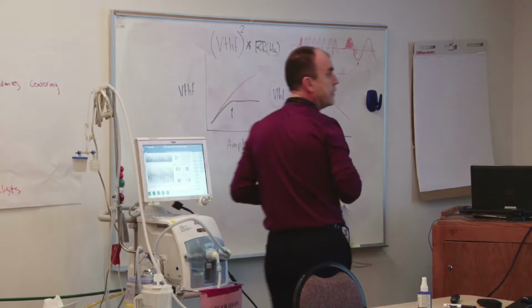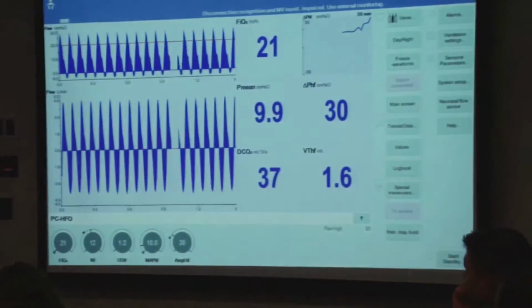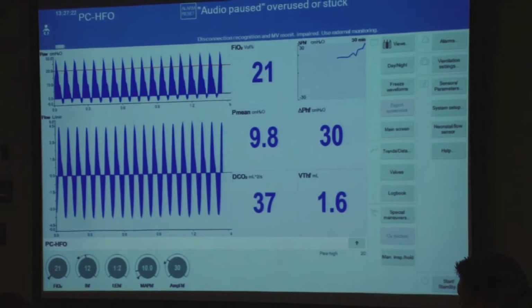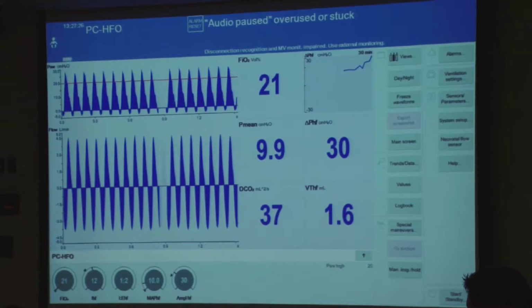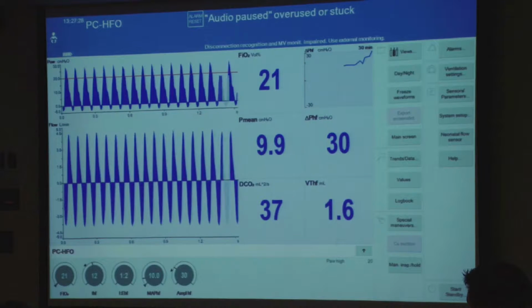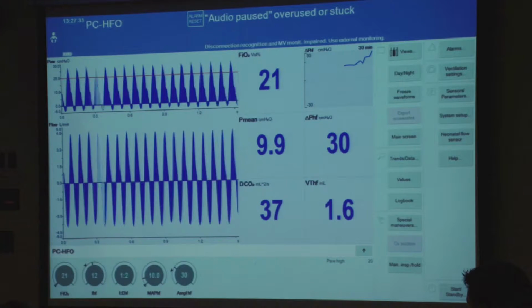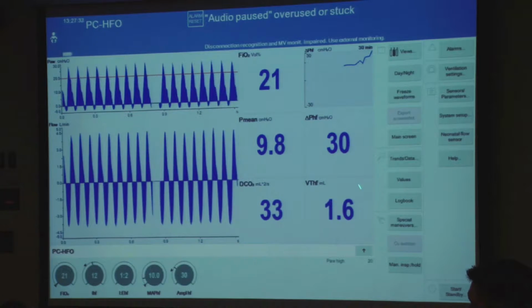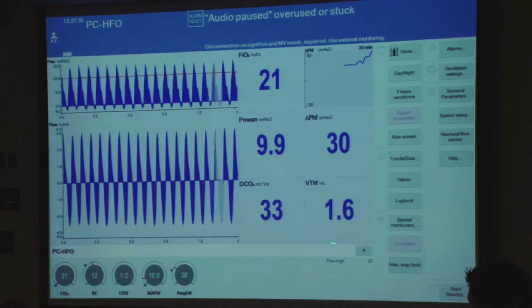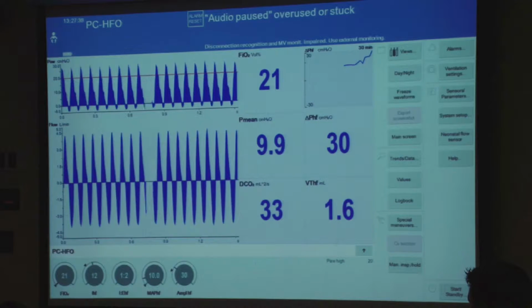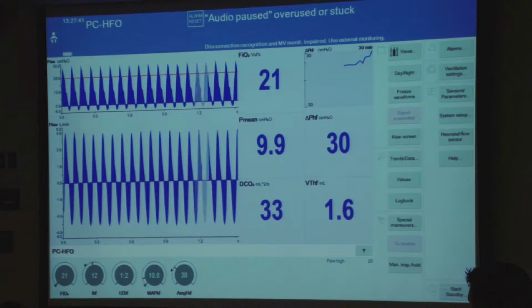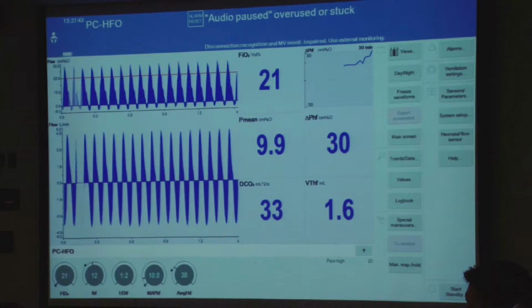So if I do that, we modify the compliance, and now we will probably start seeing some effect if we go a little bit down there. Probably at this frequency I won't see that effect so clearly.